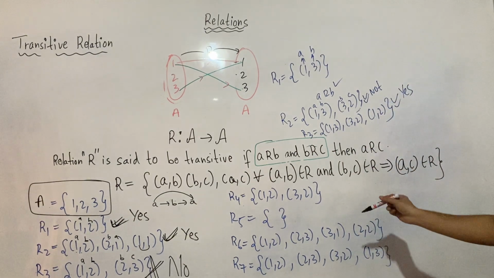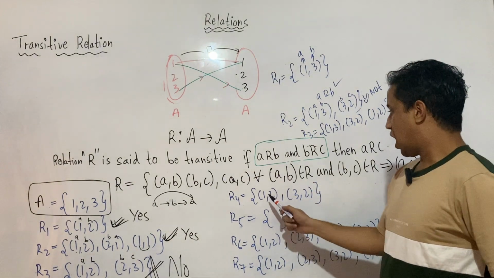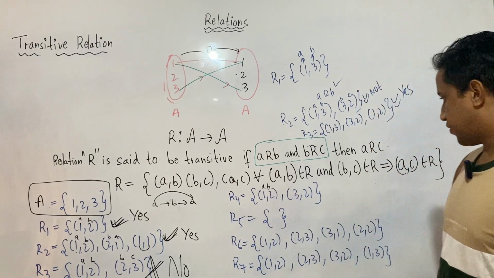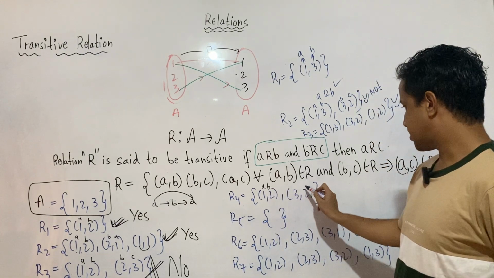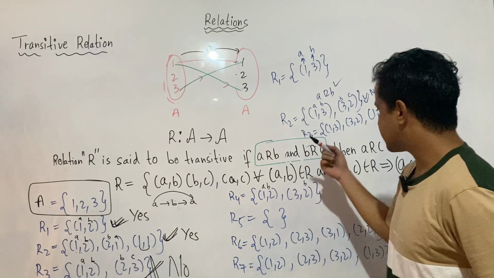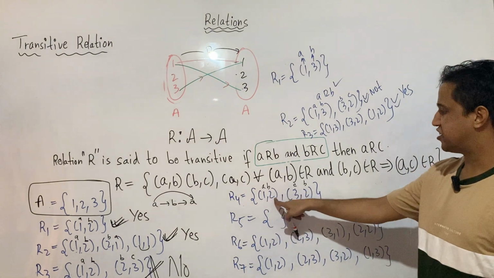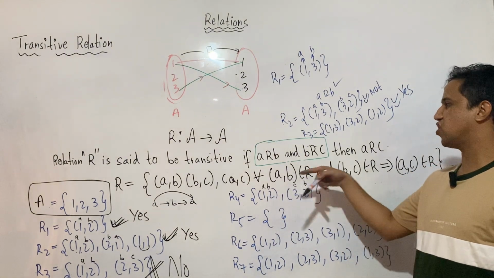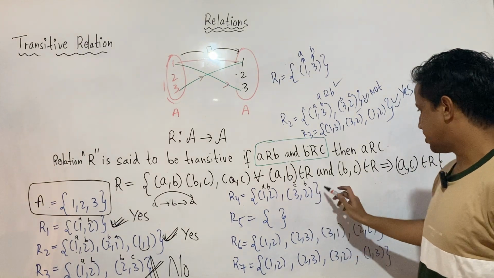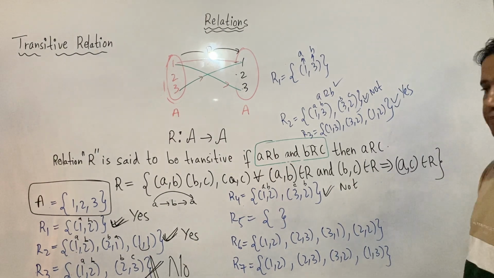Now go to this 1 2 3 2. Now see here 1 2, if this is A, this is B, okay, and then let's say this is C. So A is related to B, but B is not related to C. Then I would say that this is not your transitive relation, okay.